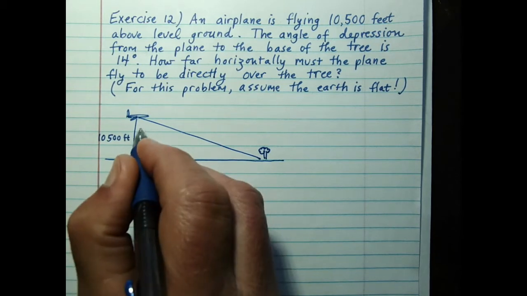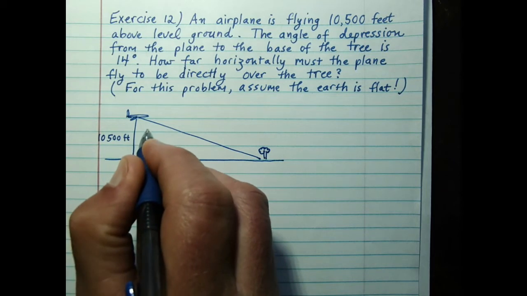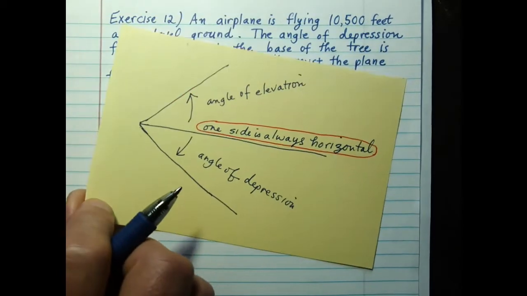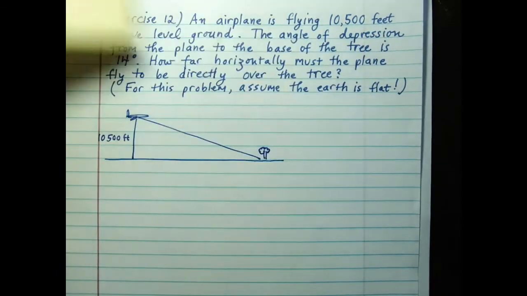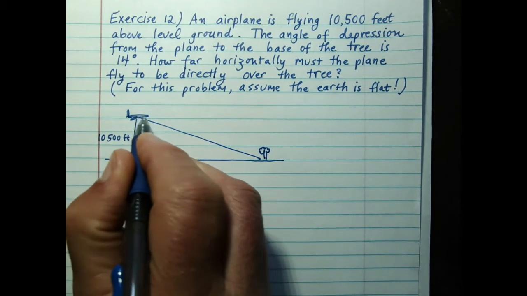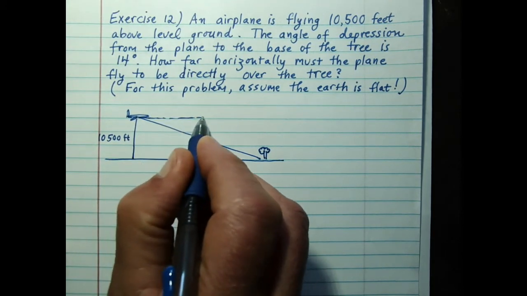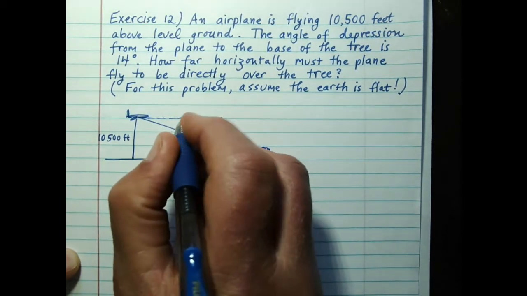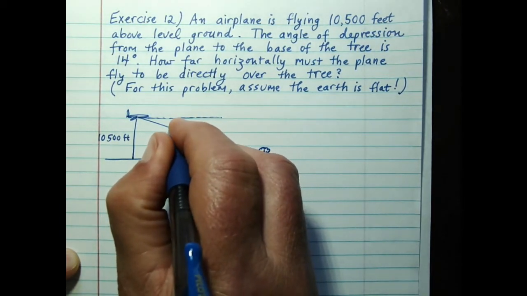It's tempting to label this angle that I'm indicating here, but there's no way that can be an angle of depression, because for an angle of elevation or an angle of depression, one side must be horizontal. So what I can do is draw possibly a dotted line this way. This is where the 14-degree angle is, right here.